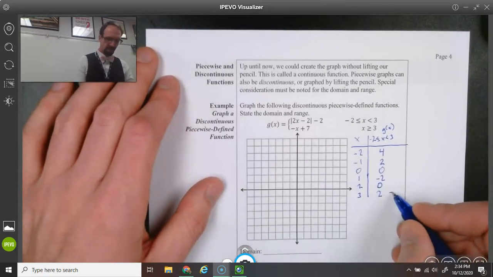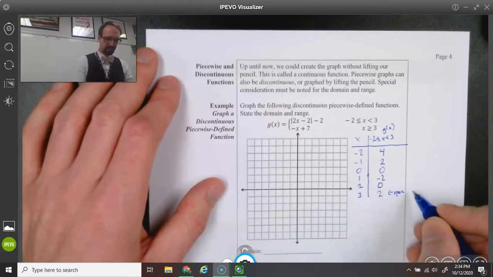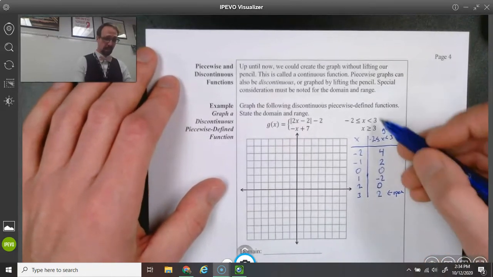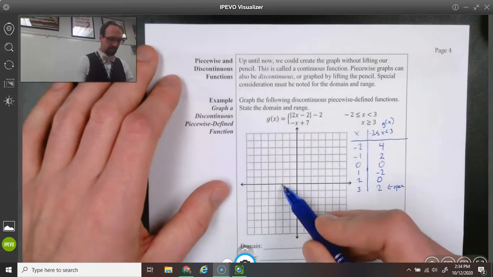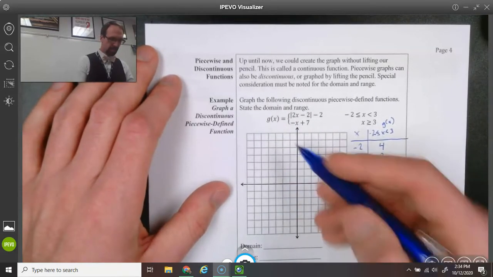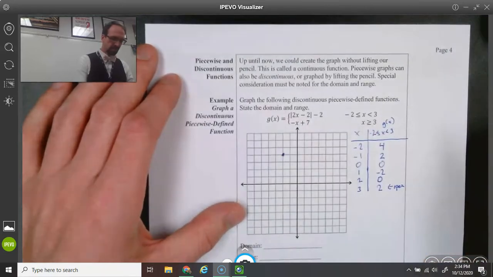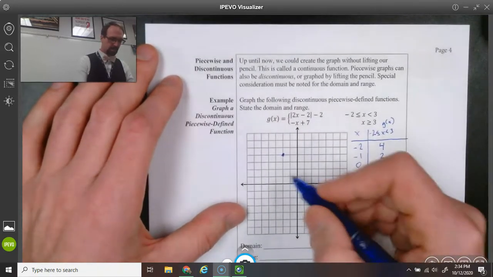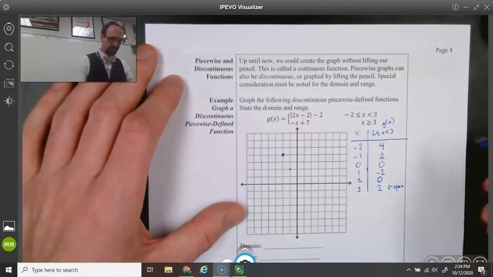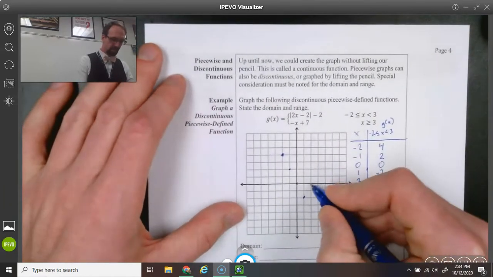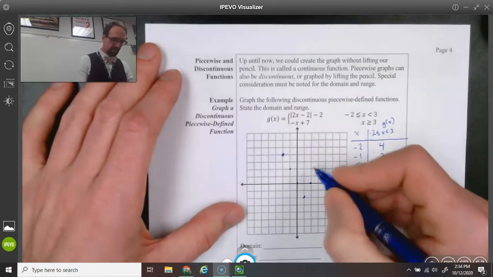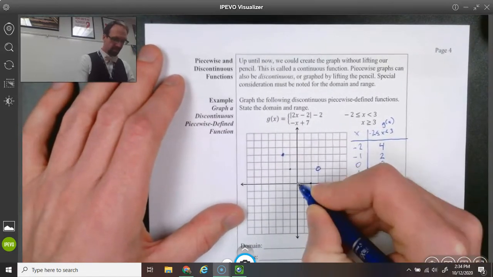Now this, remember, is open. This is open because at that 3, it's non-inclusive. So -2, 4; -1, 2; 0, 0; 1, -2; 2, 0; 3, 2. Remember, this one's open.